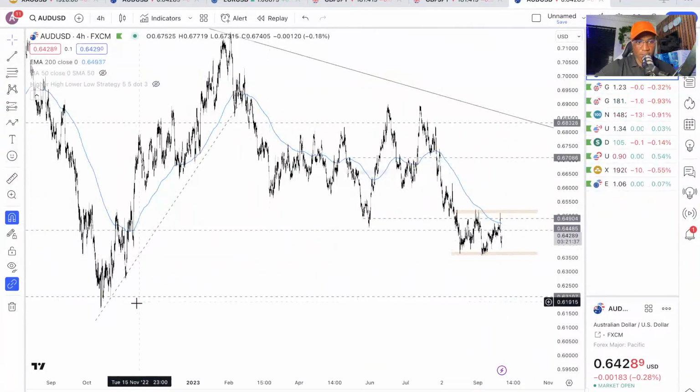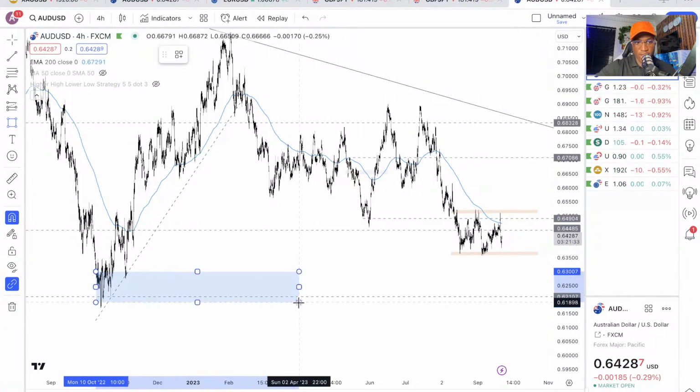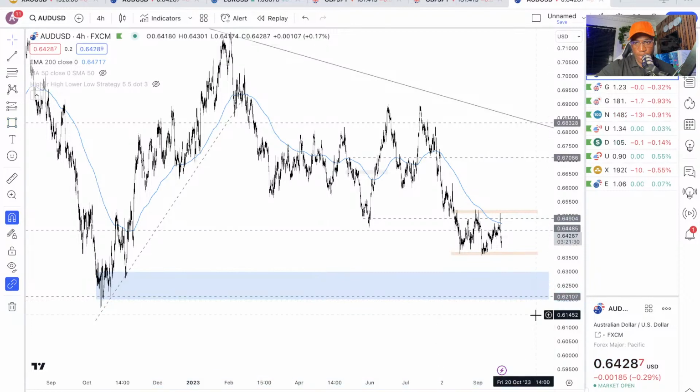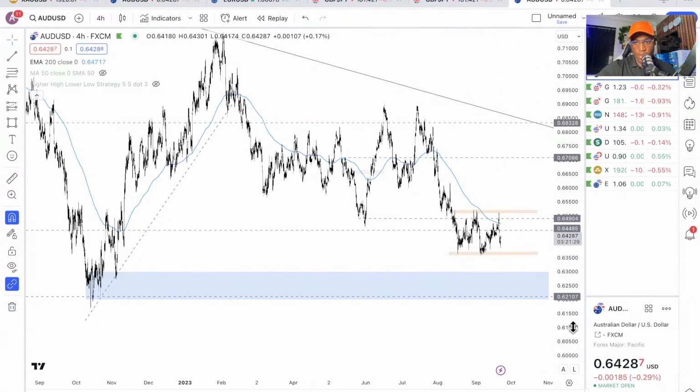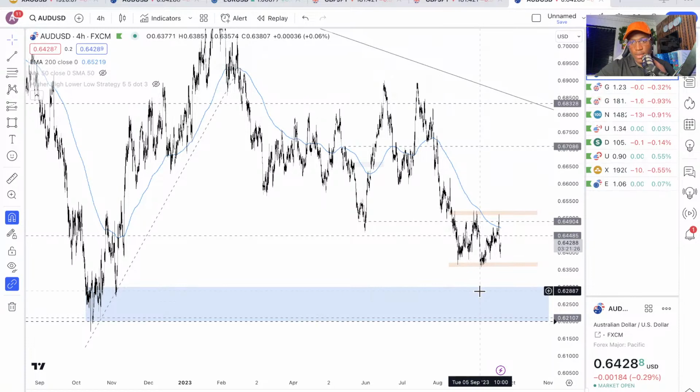Because we'll still have this level. Let me just track that one as well. You still have support levels here where the market could potentially break out to make a retest before changing its trajectory or reversing to the top side.